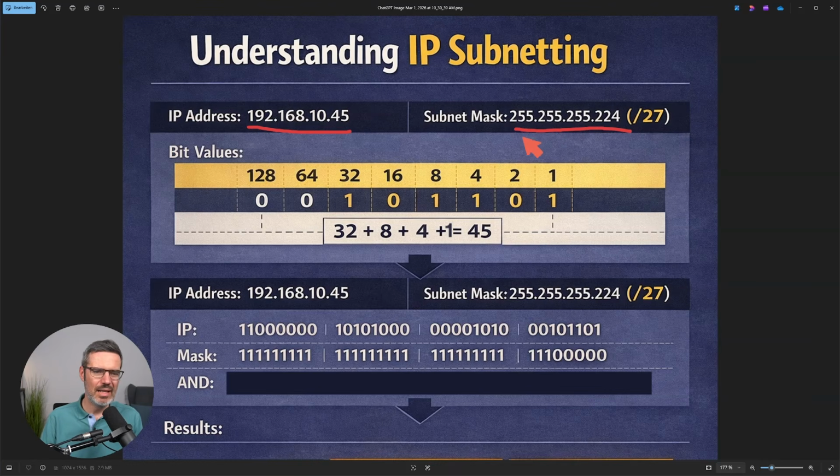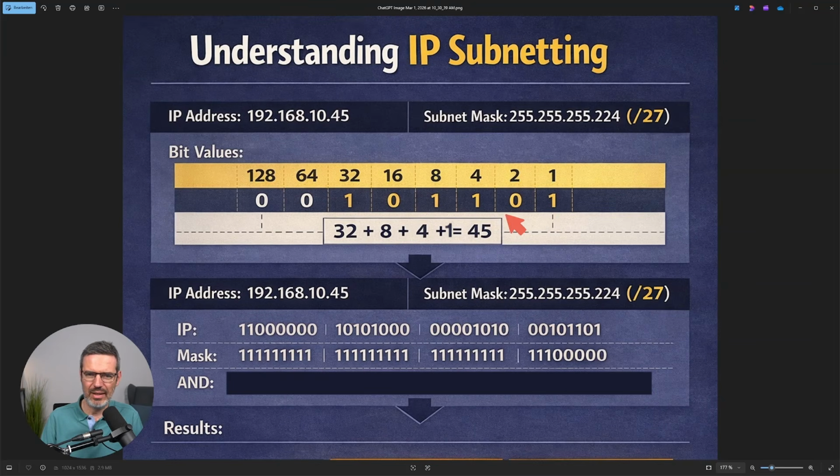How does that work? If you look at the IP address, let's say the last part, the 45. How are you building the 45? There are always 8 bits for each of these numbers. When you look from the right at the bits, the values are 1, 2, 4, 8, 16, 32, 64, 128, and you're adding those together.